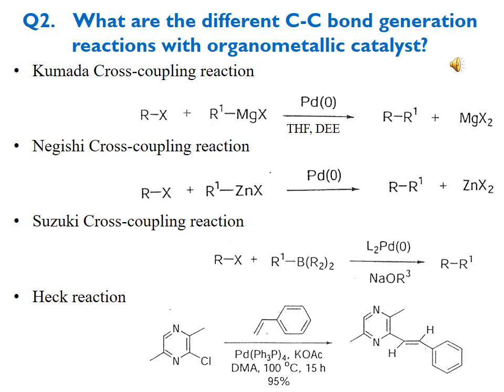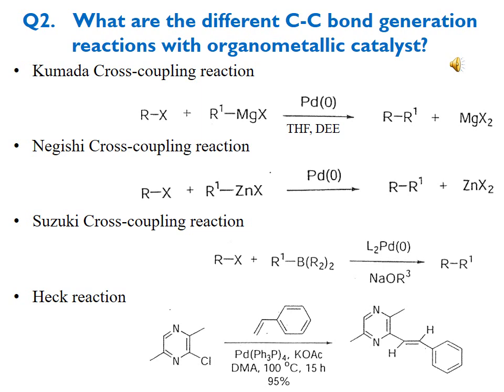Question 2, what are the different CC bond generation reactions with the organometallic catalyst? Four different reactions we have discussed in our syllabus, which include the CC bond generation in the presence of organometallic compounds or organometallic catalyst.